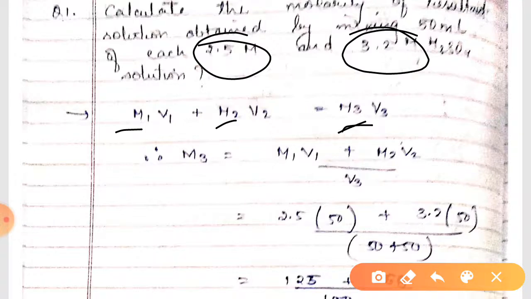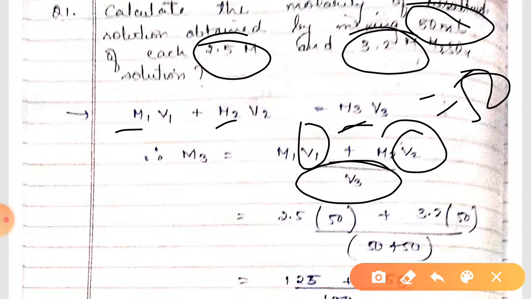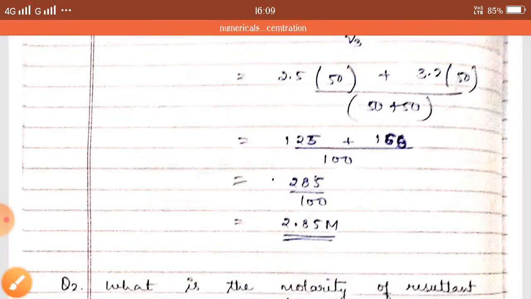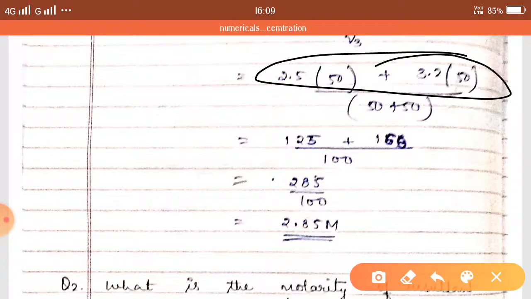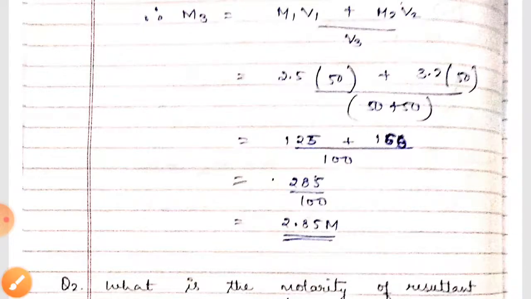I need to get M3. How much ml of first? 50. How much ml of second? 50. Both are equal. So the total volume is 50 plus 50. How much ml did you make? 100. So M3 is 2.5 into 50 plus 3.2 into 50, divided by 50 plus 50, that is 2.85 molar.